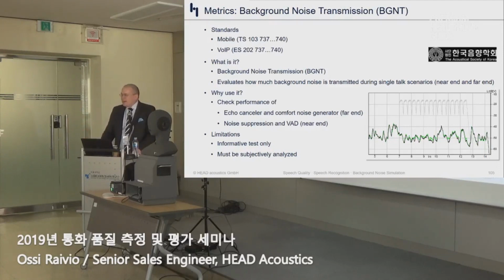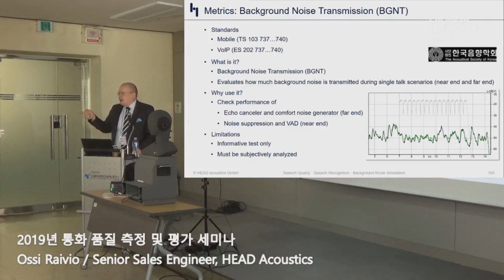Running these tests is relatively simple. You have, for instance, a mobile phone at the dummy head, and you have background noise going on, and you run two tests: one, background noise only, and the second, background noise plus speech.